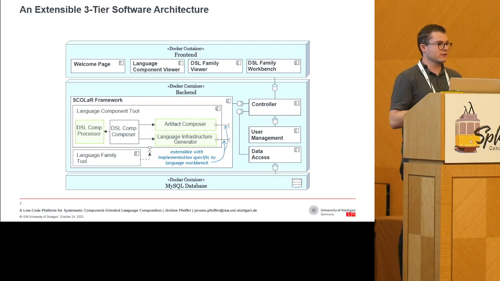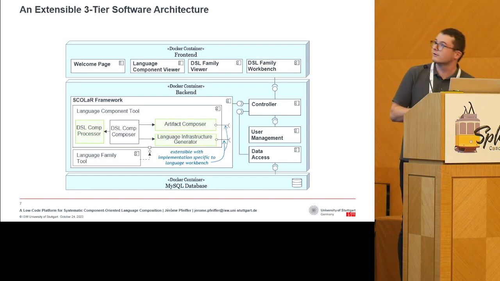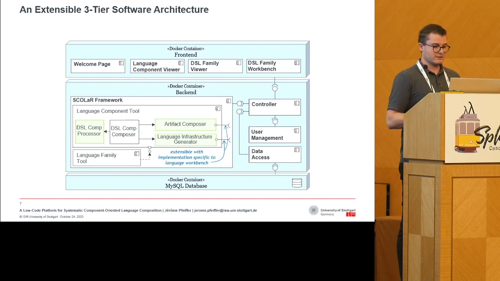And then we have the language component tool, which is able to process language component models. And we have also made it extensible to not be restricted to Monticore. Therefore, we have these green components that are extensible with other technological spaces. So basically, the artifact composition is different in other technological spaces.